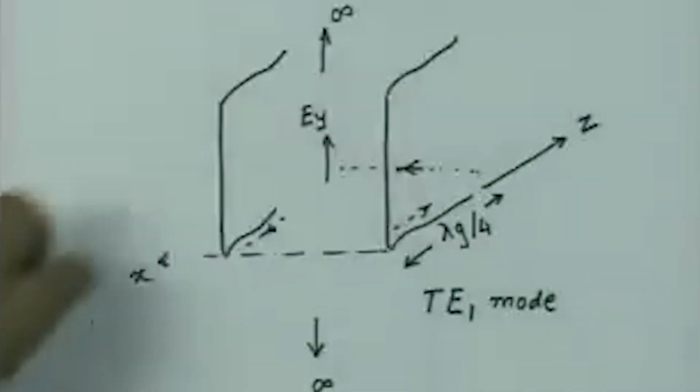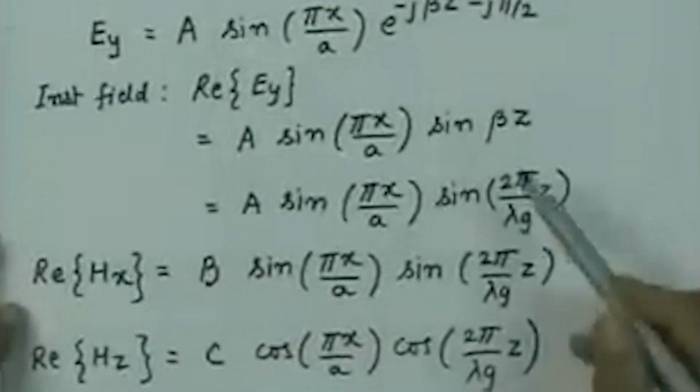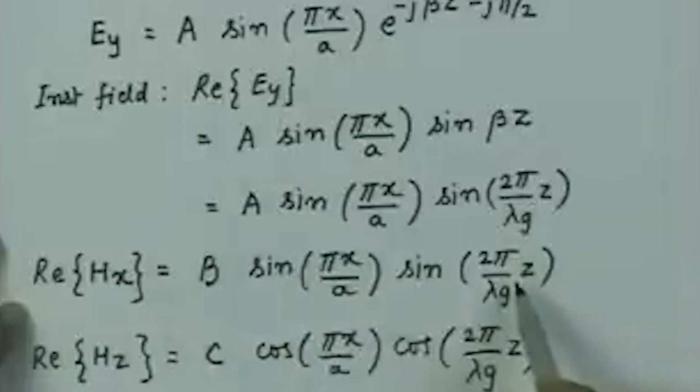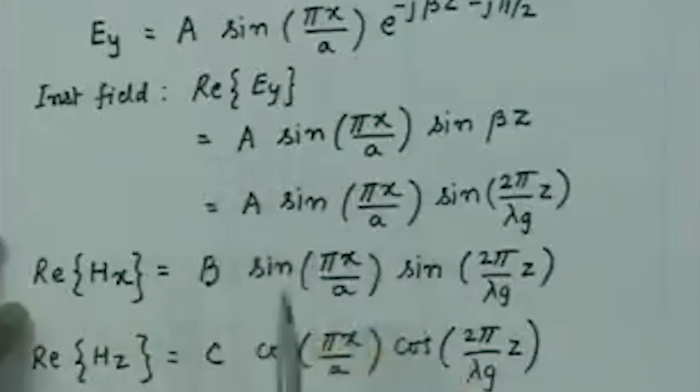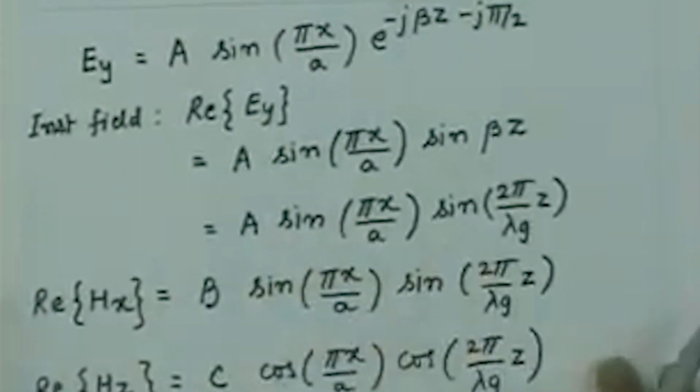So, if I see from the top, then the electric field lines now will be perpendicular to the plane of the paper, and behavior of Ey and Hx is identical. That means, wherever Hx is maximum, Ey is going to be maximum. Only thing, it has a sinusoidal variation. So, it has identical variation to Hx.